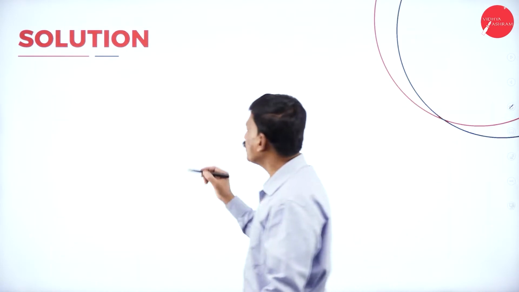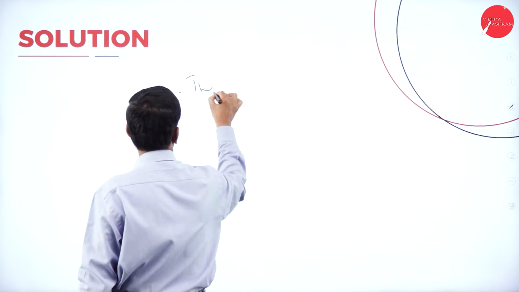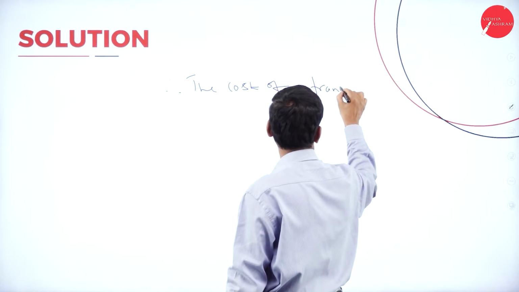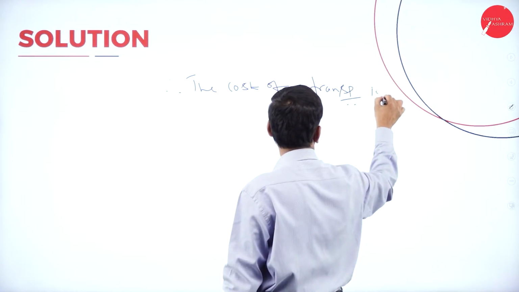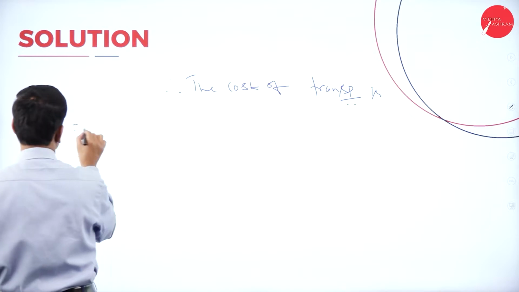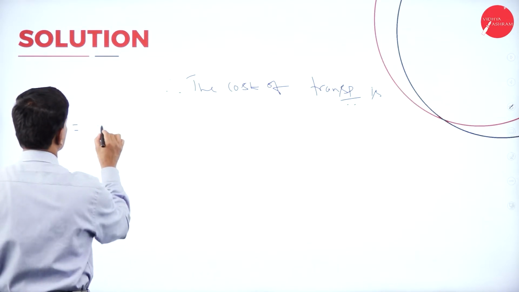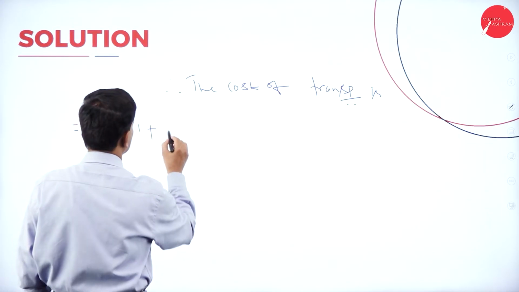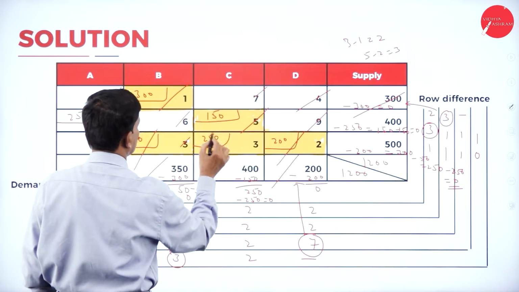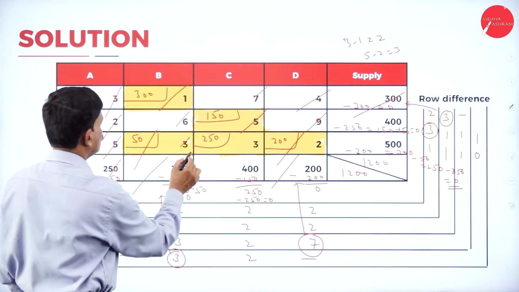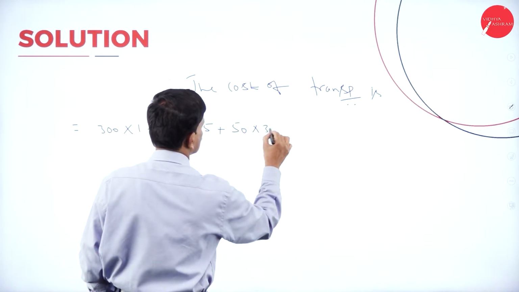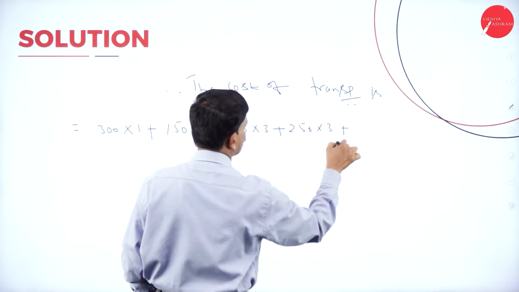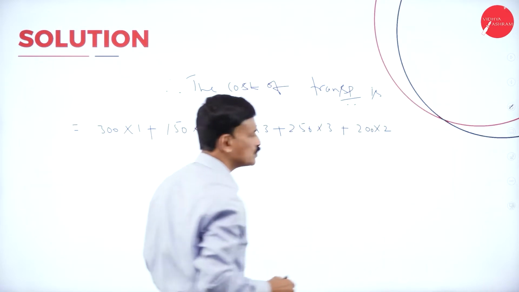That's it. Therefore, the cost of transportation is equal to, let me simplify this, 300 into 1 plus 150 into 5 plus 50 into 3 plus 250 into 3 plus 200 into 2.